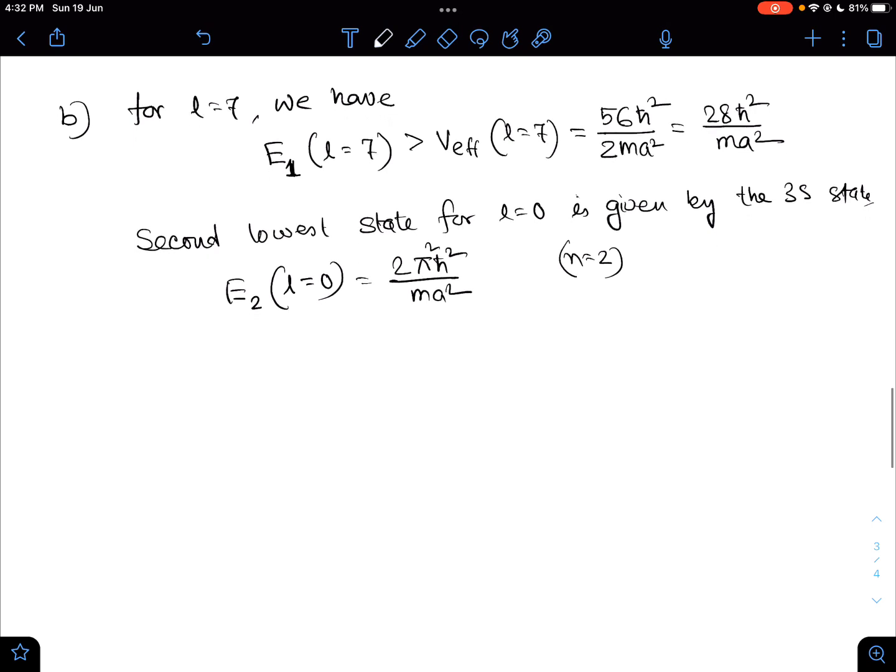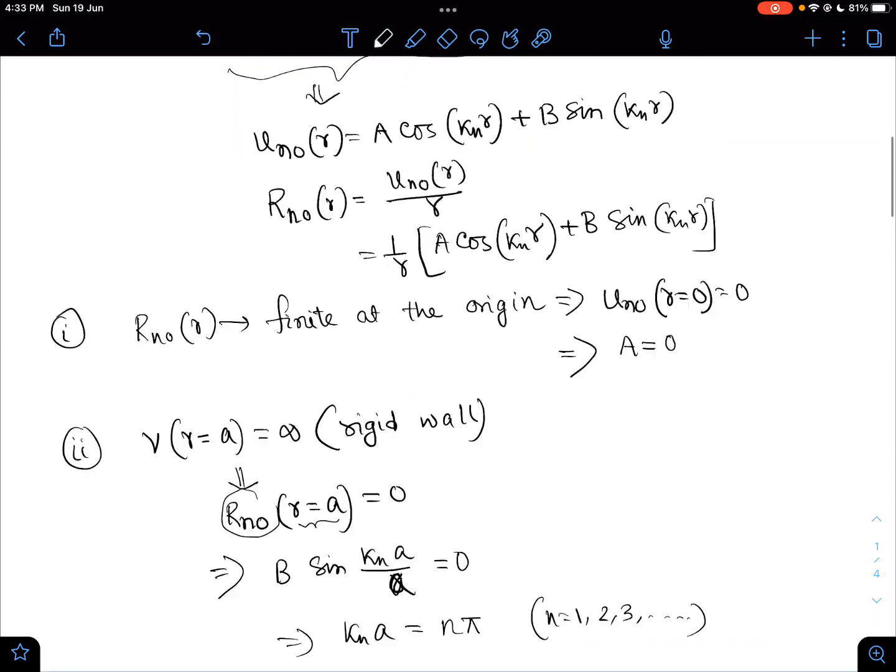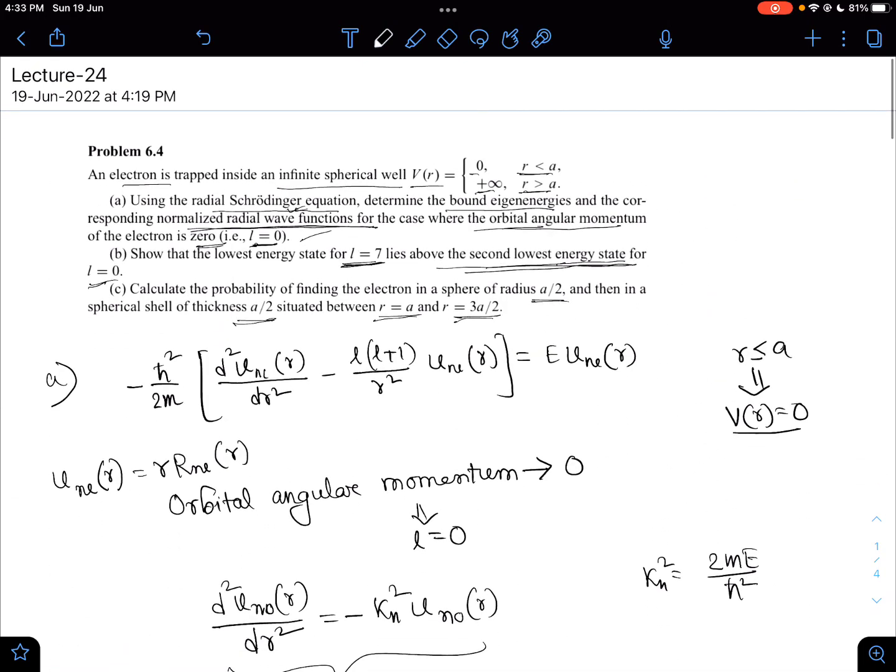So what we are observing is that E1 for L equal to 7 is greater than E2 for L equal to 0. So the lowest energy state for L equal to 7 lies above. That means it has greater energy than the second lowest energy state for L equal to 0.